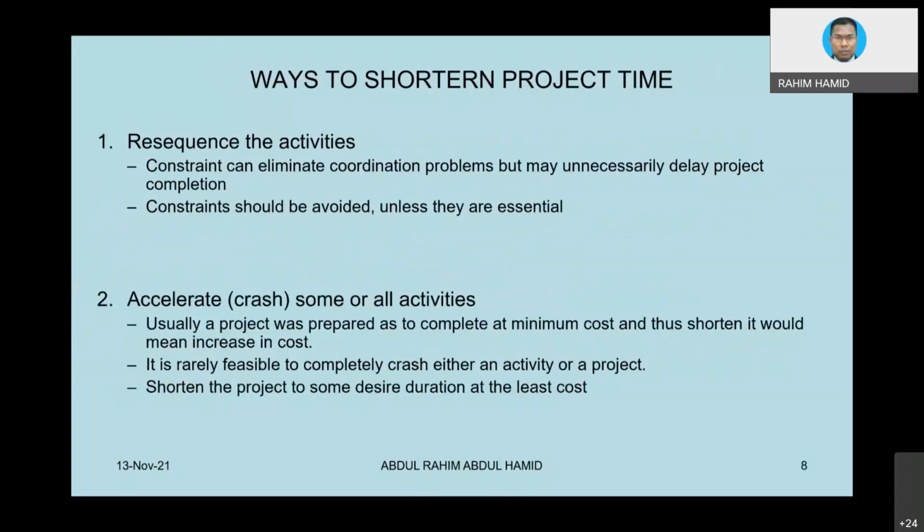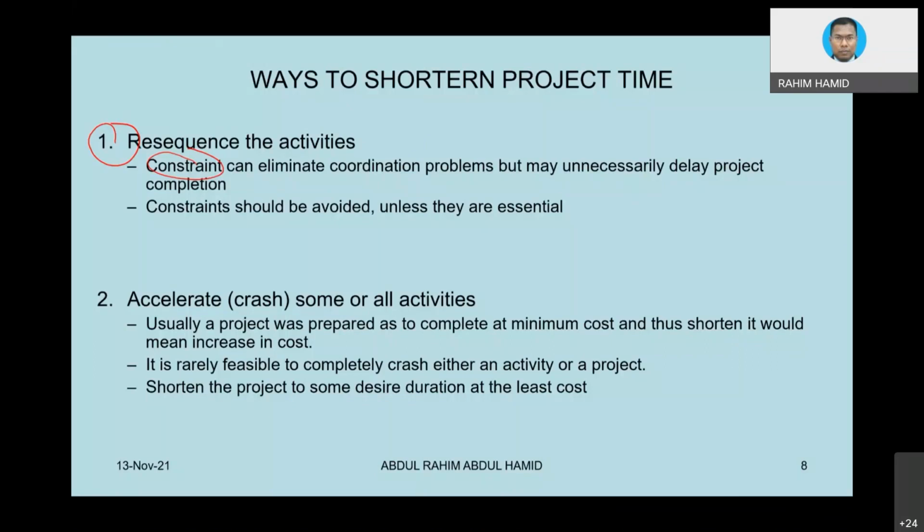Okay, ways to shorten project time. Two ways. Pre-sequence activity. Pre-sequence activity meaning to say you remove all the necessary constraint that you might basically impose during your scheduling. Okay, so maybe you impose certain date, whatever, you're not going to do that and whatnot. So if you remove those unnecessary constraint, not all the constraint, unnecessary constraint, then basically you can be a little bit flexible in terms of the timing of the certain activity.